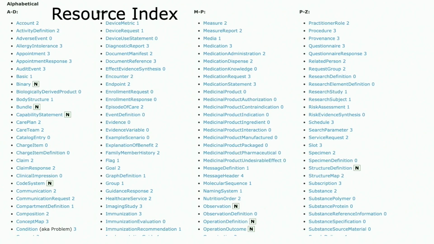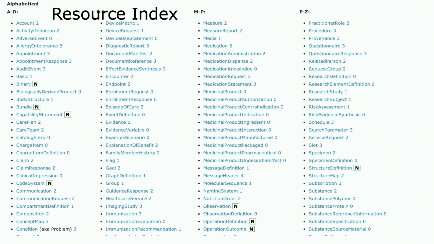You'll see that they all have a number after the resource, 0 through 5, or a letter N. Those numbers represent the maturity of those FHIR resources. So the FHIR specification is developed resource by resource, and some of those resources are still at maturity level 0, which means they exist on paper but not in an implementable form.